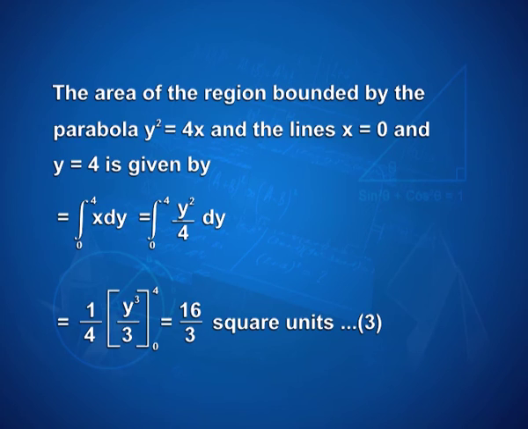On calculating, we get 16 upon 3 square units as the area. Now, taking this as the third equation, we can observe that from equations 1, 2 and 3, it follows that the area of the square bounded by the given lines is divided by the given curves into 3 equal parts. Is it not an interesting problem?